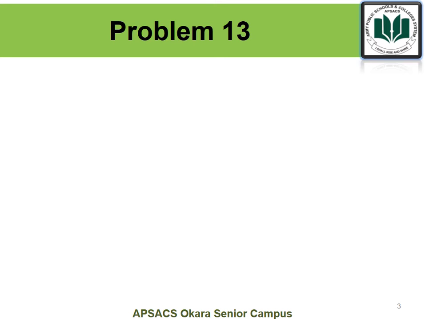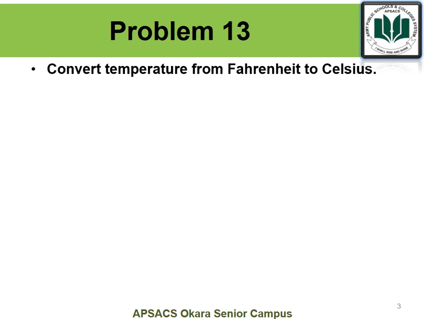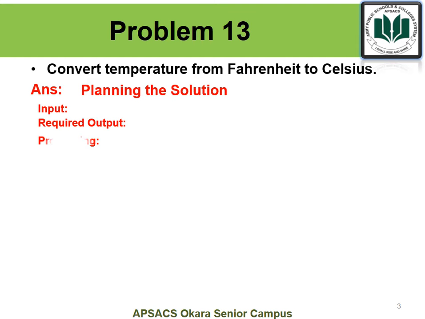So, let's start with problem number 13. We are given the temperature, and we have to convert the temperature from Fahrenheit to Celsius. Let's start with the first stage, planning the solution. It will have three steps: input, required output, and processing.